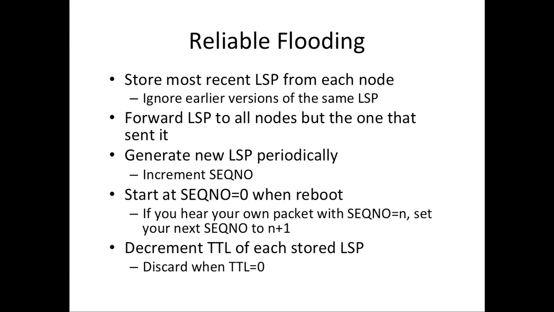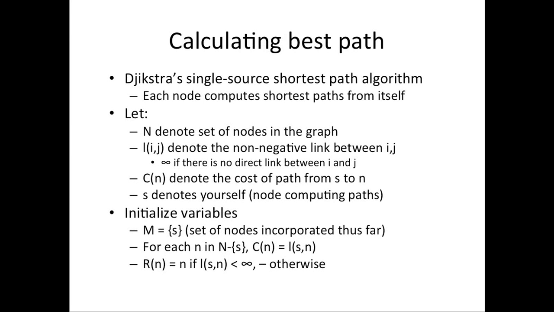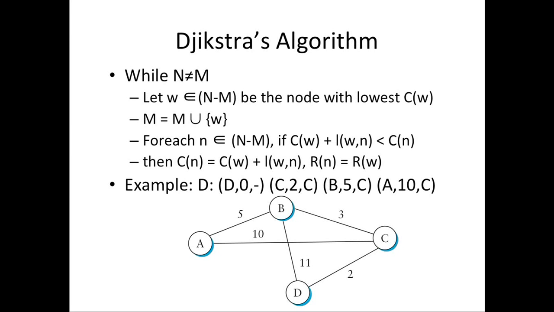Then how do you do routing if you have a map of the entire network? Then you go back to your data structures class, right? If I give you a graph, say, okay, here are all the nodes, here are all the edges, you just run Dijkstra's shortest path algorithm at that point. We don't need to go through the details of Dijkstra's algorithm because you already know it. So there's just one small piece remaining about link state routing.